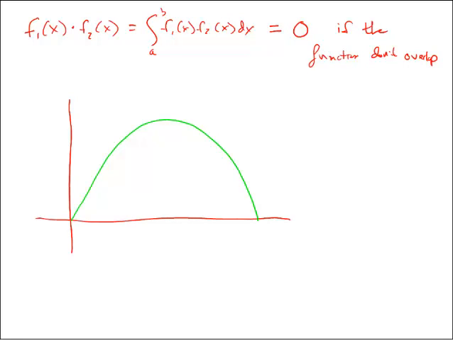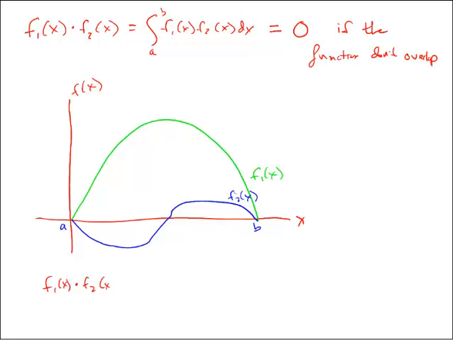So let's say f1 of x is this parabola-like thing, and f2 of x, some sort of sinusoid like that. That's f2 of x. And so this is a and b. What is the dot product of f1 of x and f2 of x?